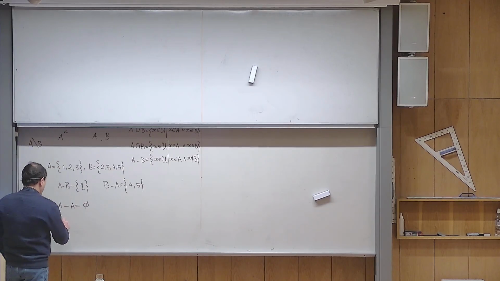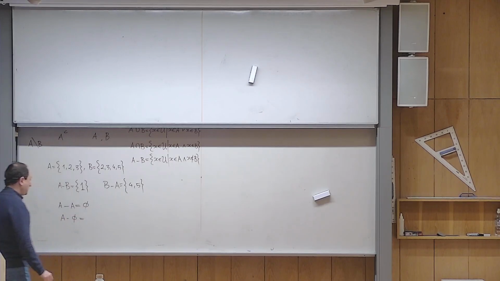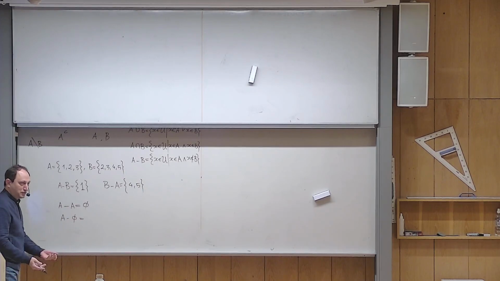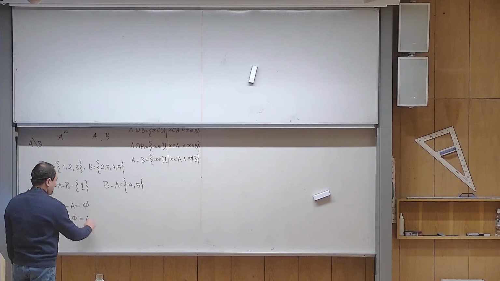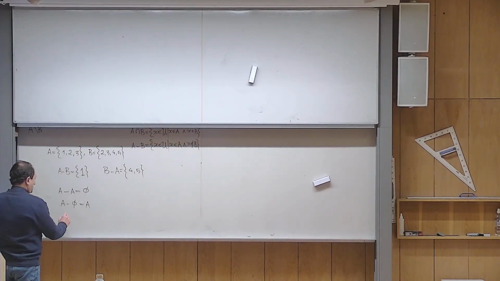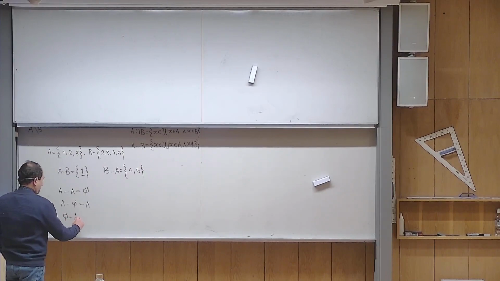For example, if I say what is A minus the empty set, what is the answer? It means all the elements that are in A, but they are not in the empty set. But not being in the empty set is not a constraint at all, because nothing is in the empty set. So the answer becomes A.